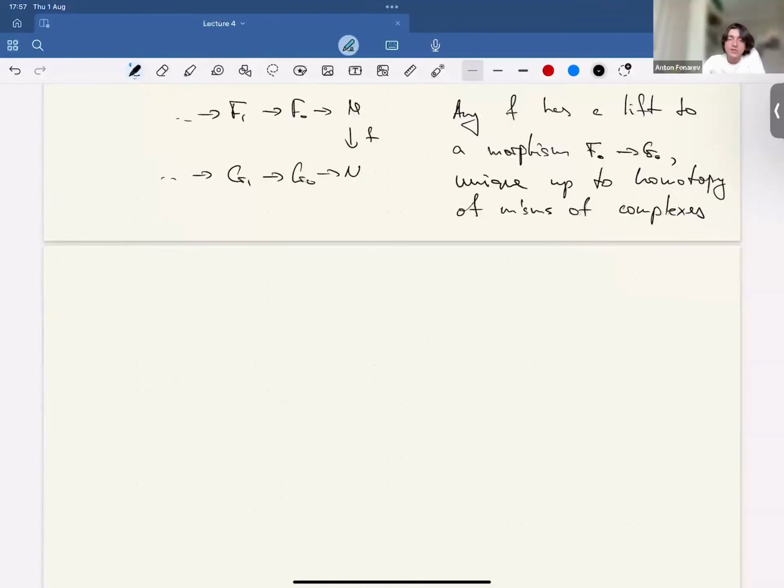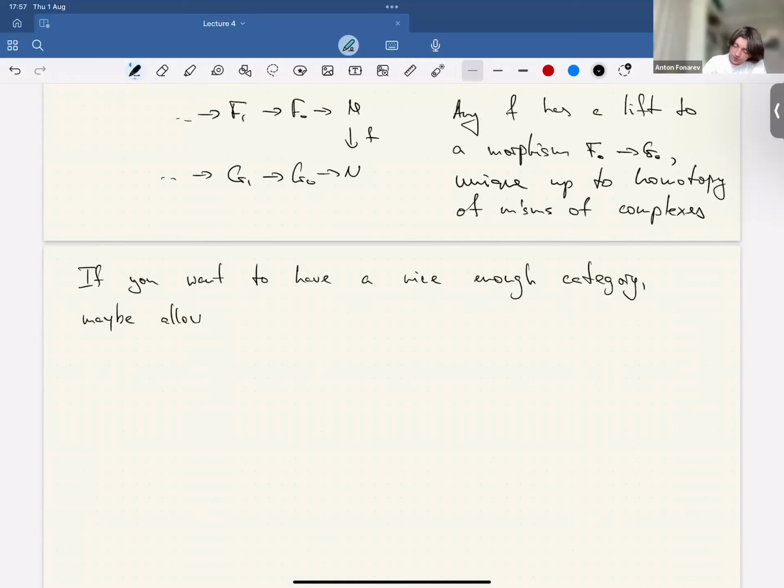The one thing that you do is also, if you want to have a nice enough category, maybe allow resolutions to be projective.